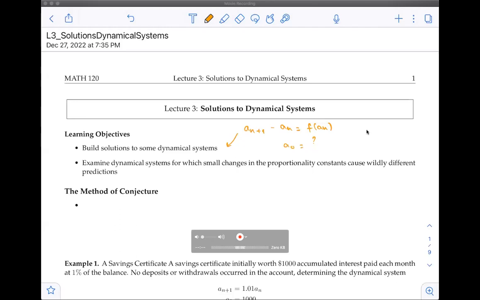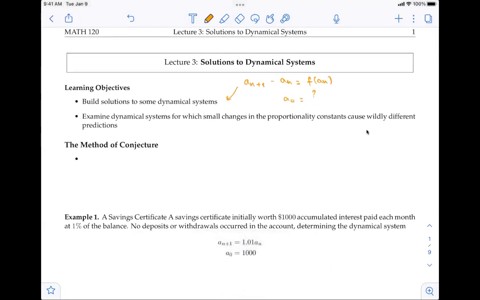All right, before we go into an example, I'm going to write down a method. It's called the method of conjecture.